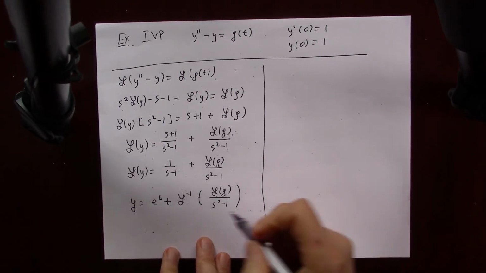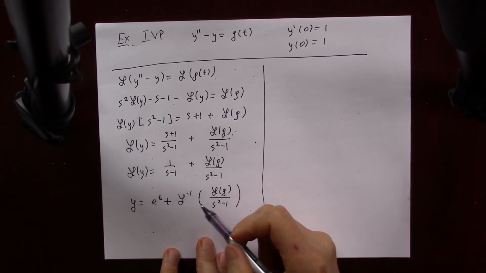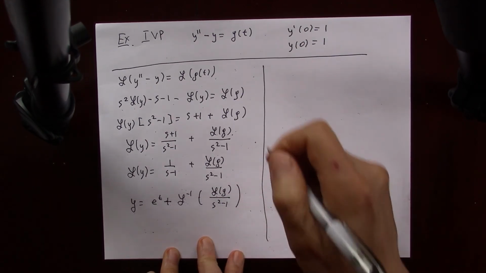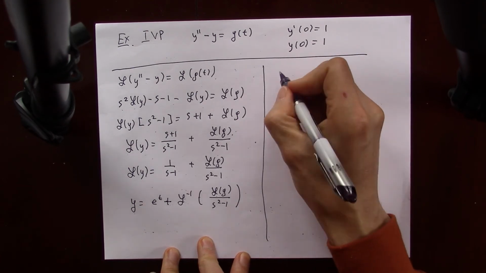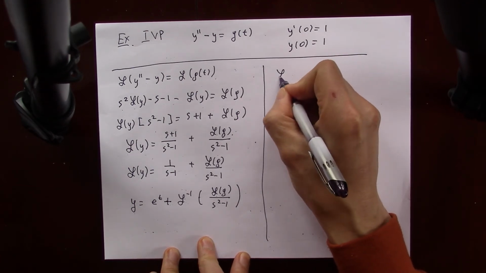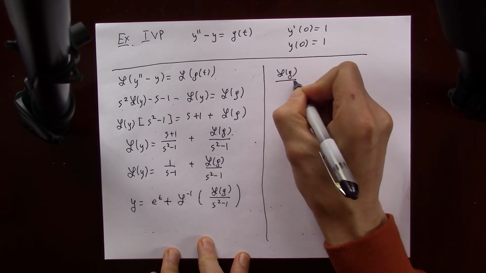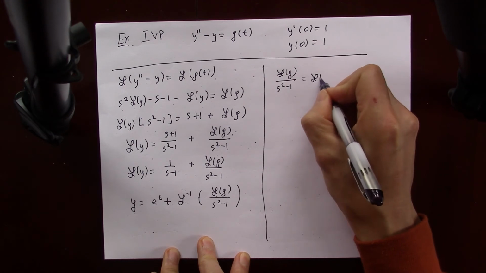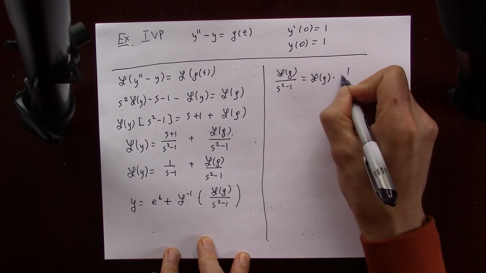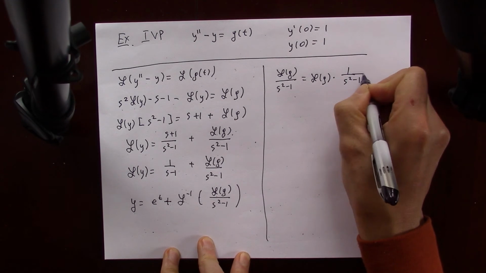So now we concentrate our attention on finding Laplace inverse of that expression. We have Laplace of g over s squared minus 1, so we're going to treat that as Laplace of g times 1 over s squared minus 1.